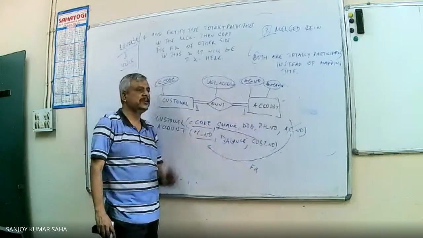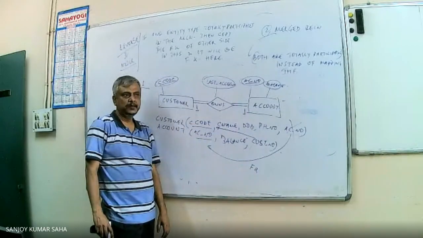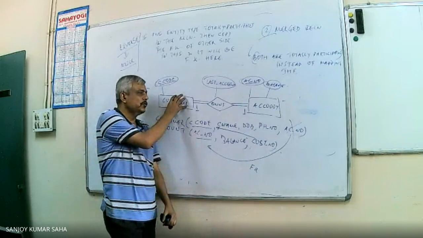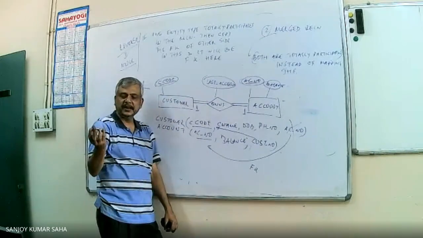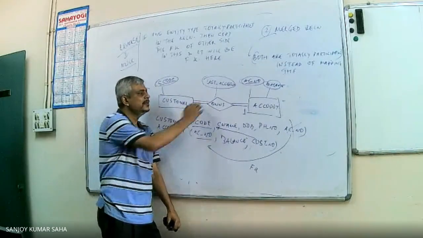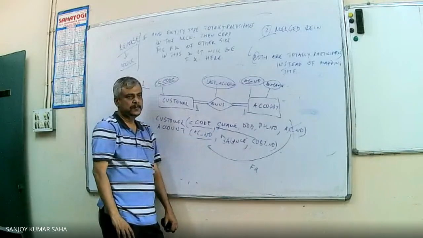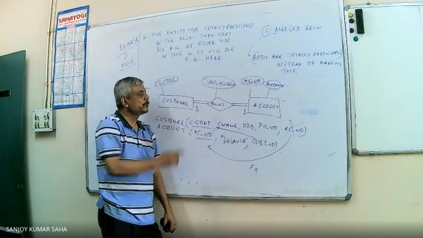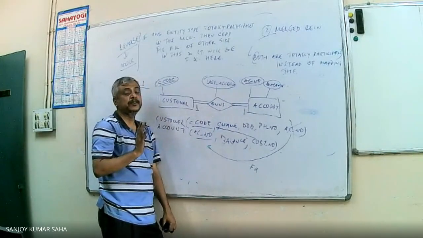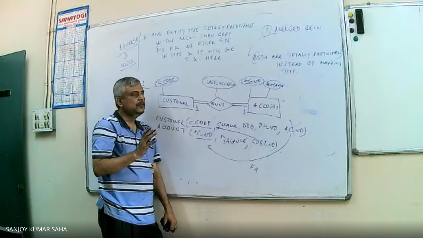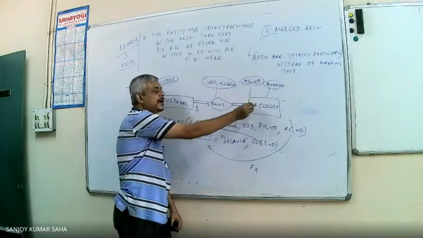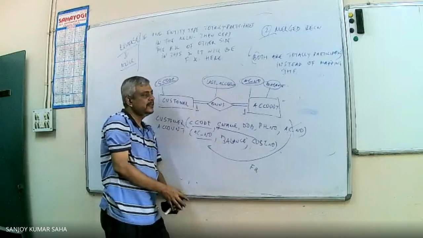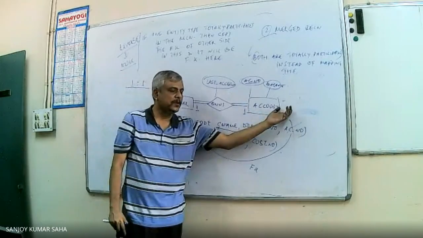But if the customer is given, along with the customer I have the account number, then directly I can find the account. So from which direction will I be traversing frequently? Or if the frequent requirement is that given the account, which is the corresponding customer, then it is better to have the customer number here.